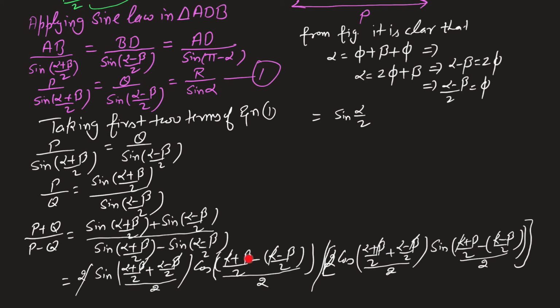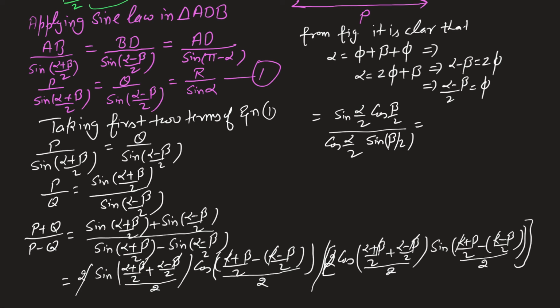Similarly, minus minus will be plus, beta by 2 plus beta by 2 is beta, divided by 2, it will be cos beta by 2, divided by cos alpha by 2, and sine beta by 2.